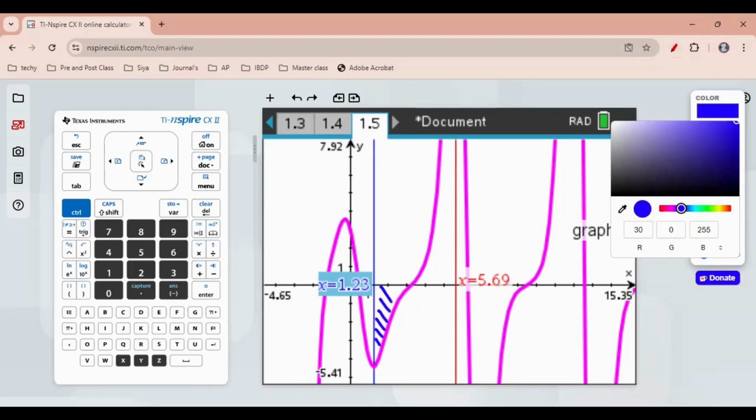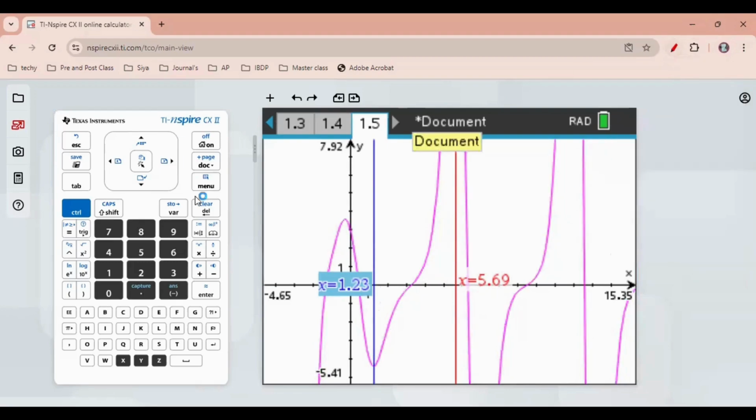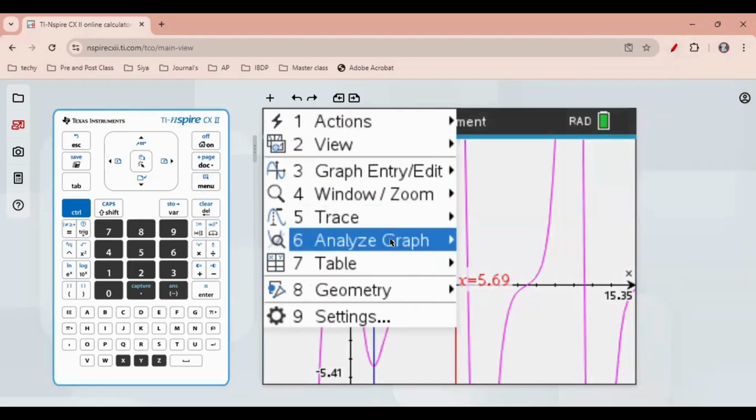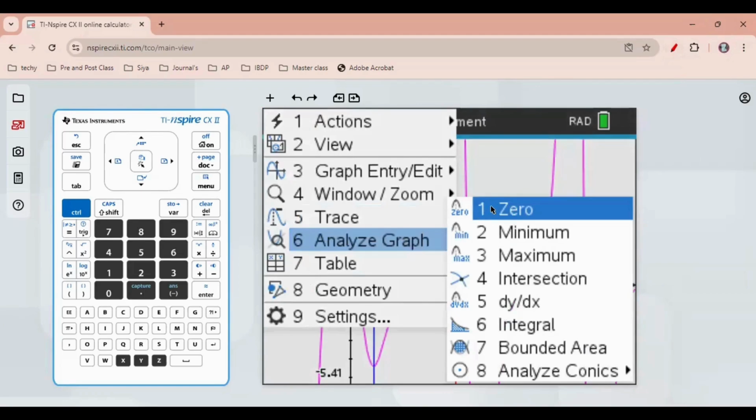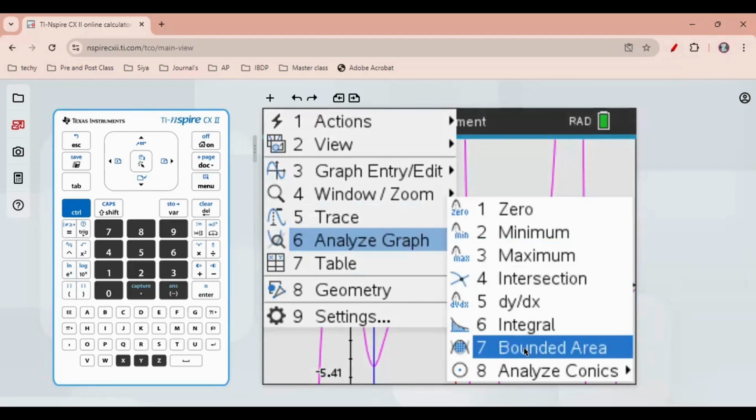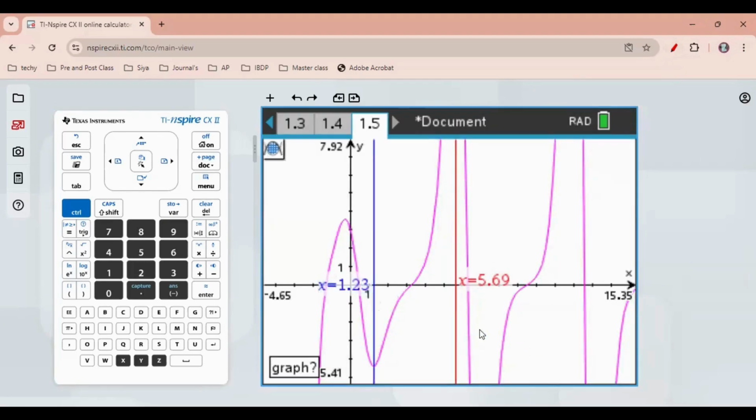Area under this. That's why we are using the modulus. So this is what we are focusing on. And how do we find this? Go to the menu and choose analyze graph, then bounded area. It asks for a graph. The main graph is this. Second graph, choose the x-axis, since it's bounded by the x-axis.